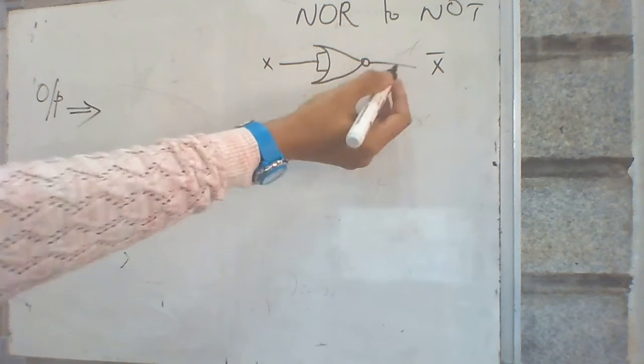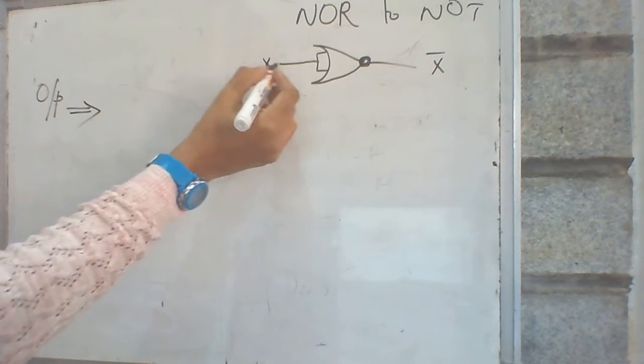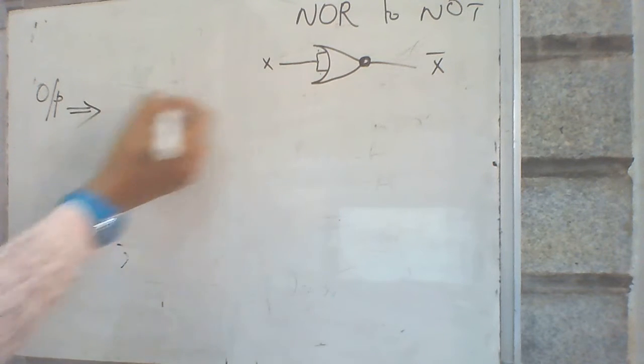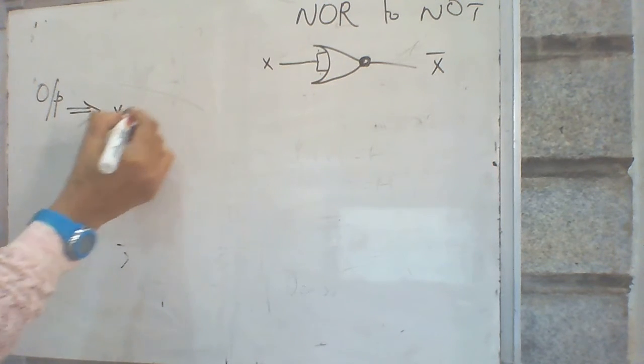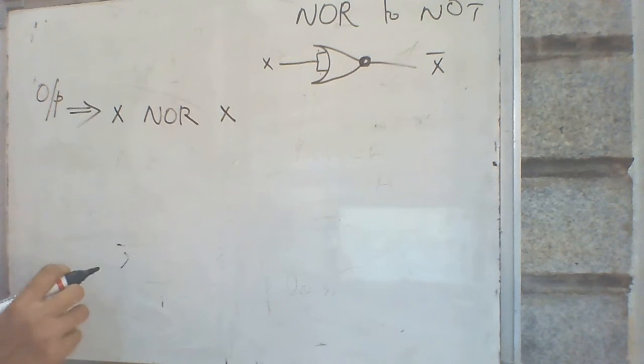NOR to NOT. This one is which gate? NOR gate. What are all the inputs? Here also X, here also X. So X NOR X is the final output.